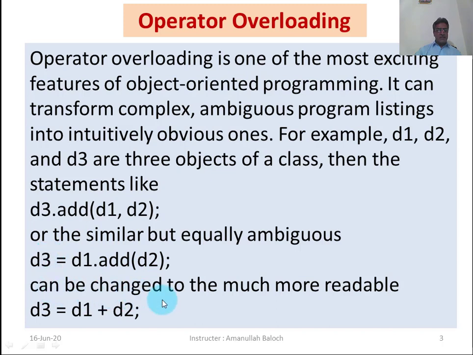It can be changed to a much more readable form. These two statements can be written in this form, that is D3 = D1 + D2. This is the clearest picture of adding two objects and assigning the result to a third object. That is, D1 and D2 are added with each other and the result will be assigned to D3.